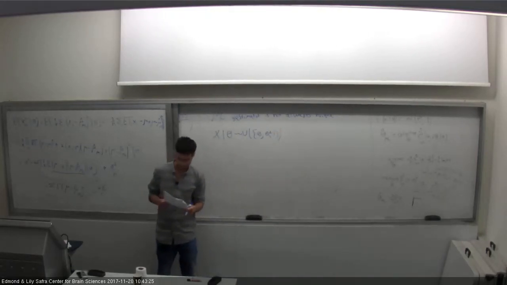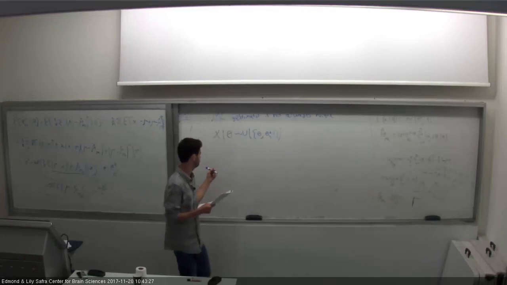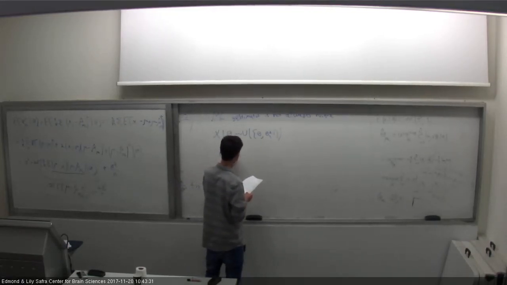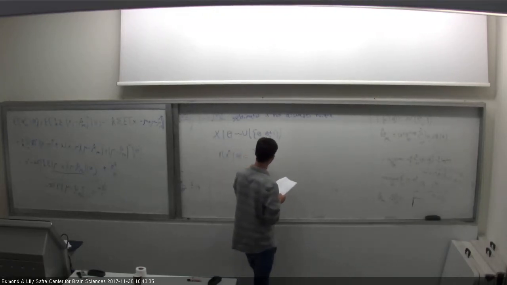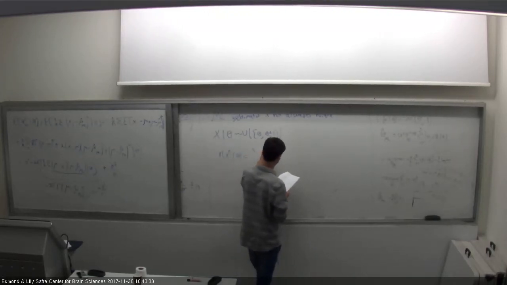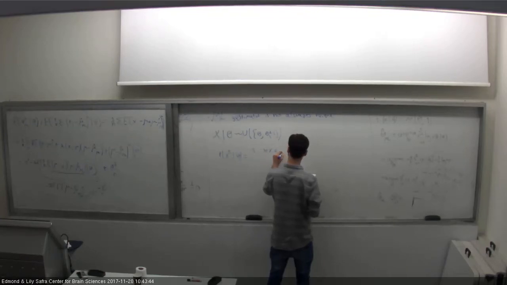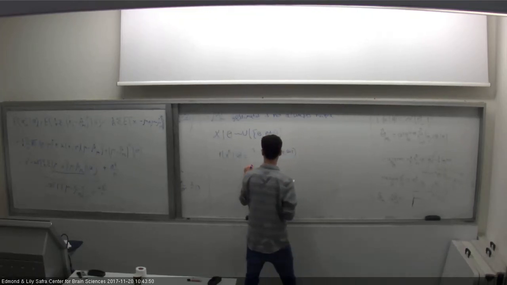So p of xn given theta is equal to 1 if all the xi are in this interval and 0 otherwise.